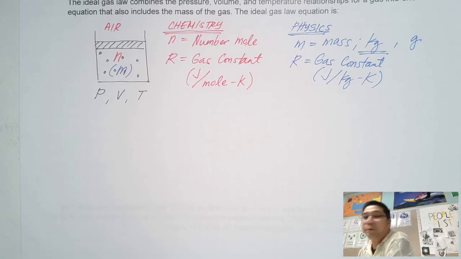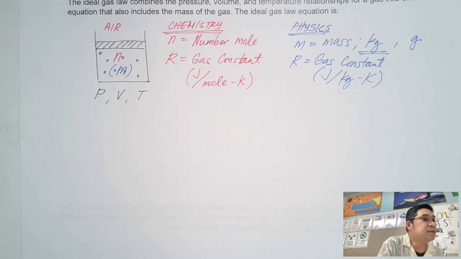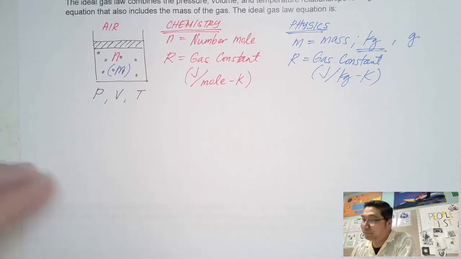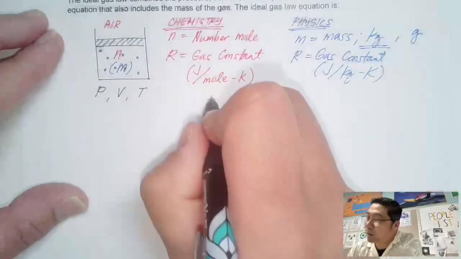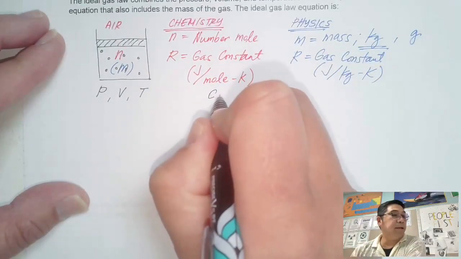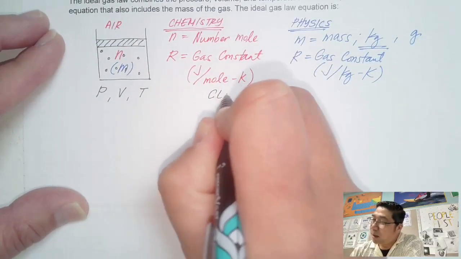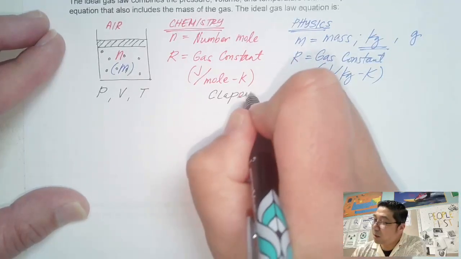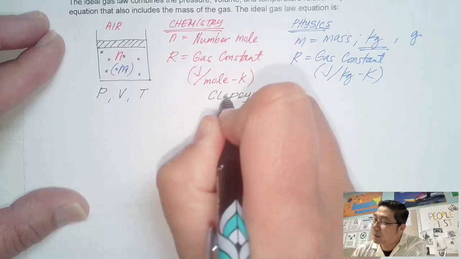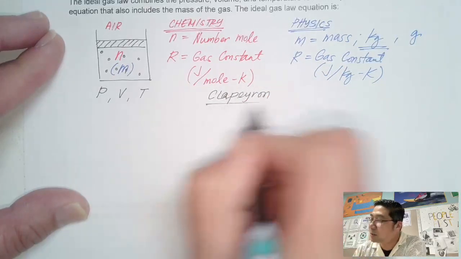According to the ideal gas law that is established by Mr. Clapeyron. So here's the name of this scientist. I don't want to misspell his name, so let me just focus on writing it down. Clapeyron. This is the name of this scientist.